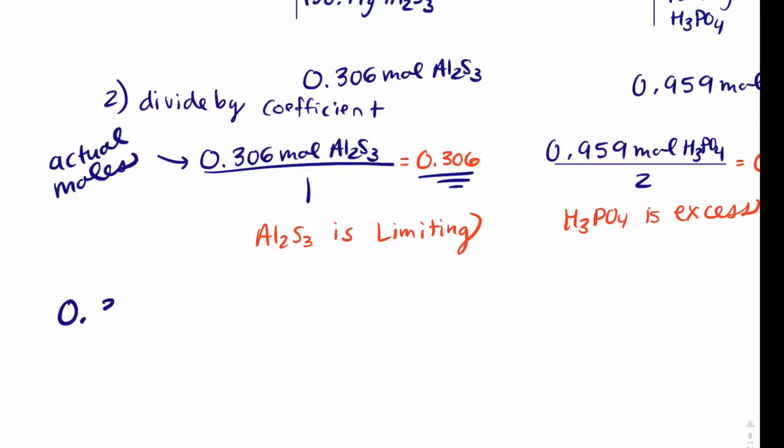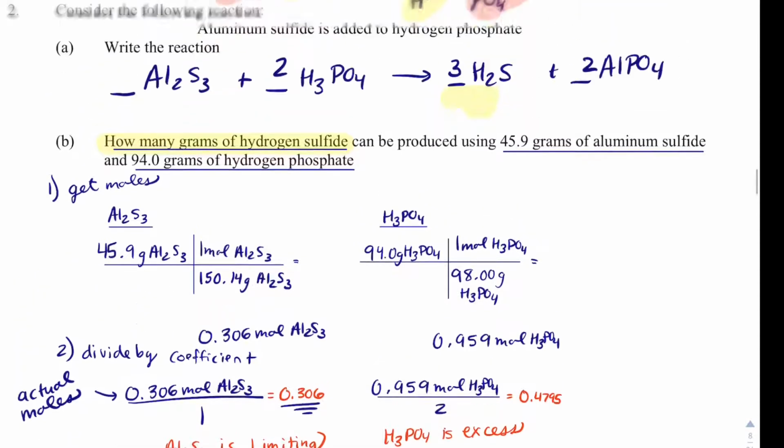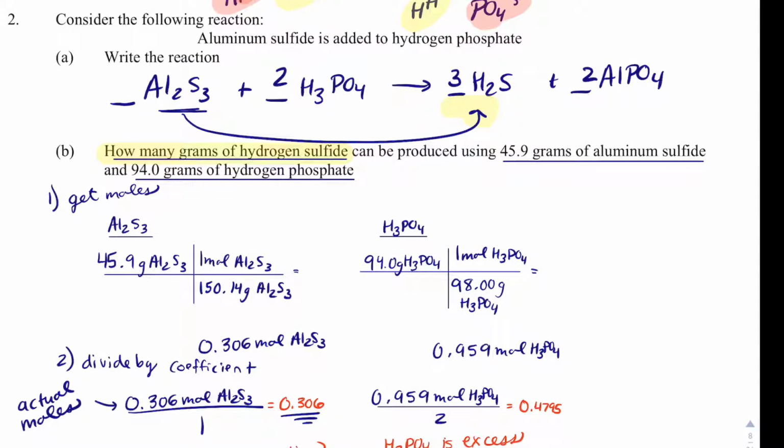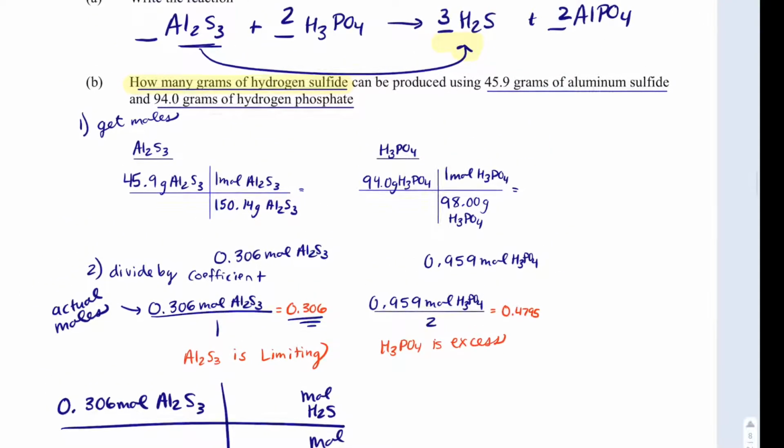So I'm going to take 0.306 moles of Al2S3, and I'm going to convert that to hydrogen sulfide. So I'm going to go from here all the way over here. And because I already have moles, I'm already at the mole bridge step. I'm going to go from moles of Al2S3 to moles of H2S, and looking up here, that ratio is 1 to 2 based on the coefficients.